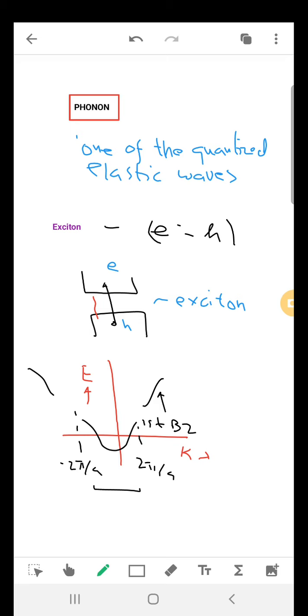Now this exciton, or this electron-hole combination, moves through the lattice. It has the tendency to move through the lattice.